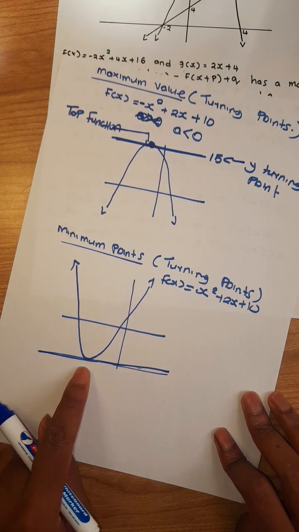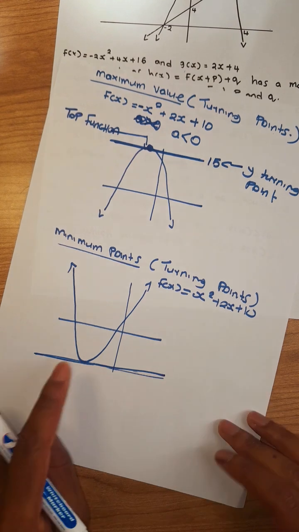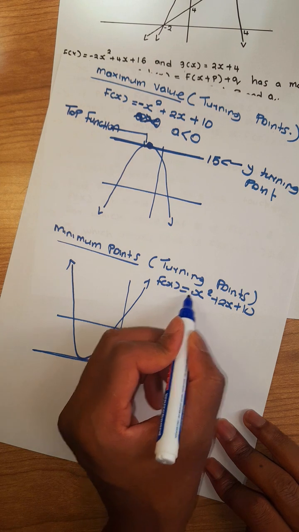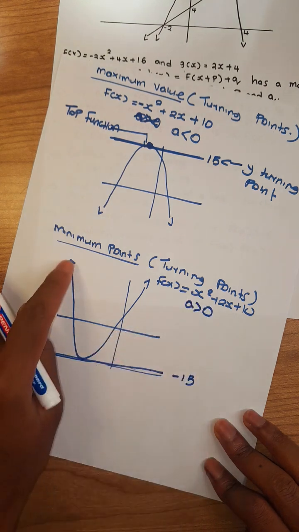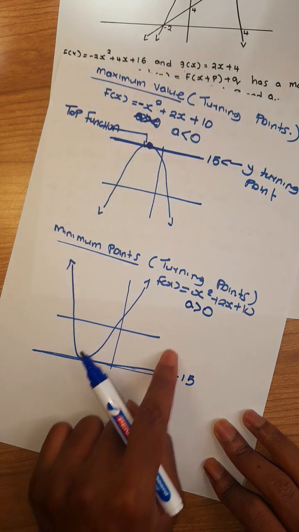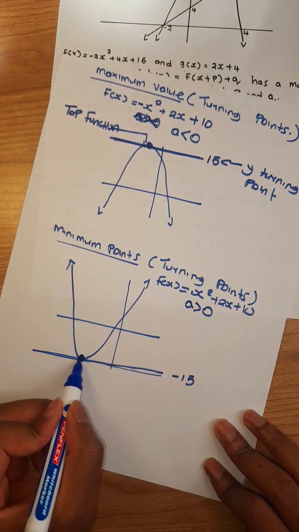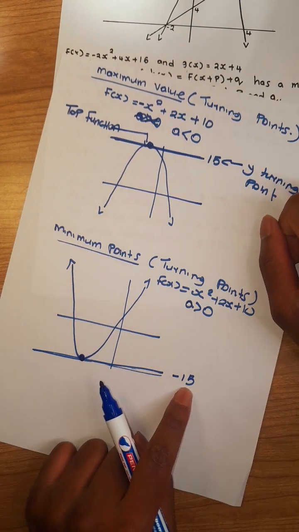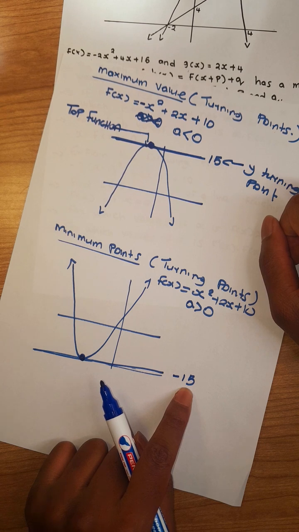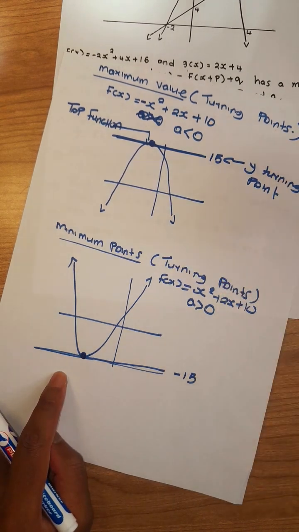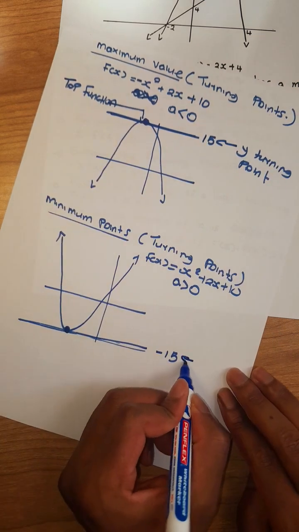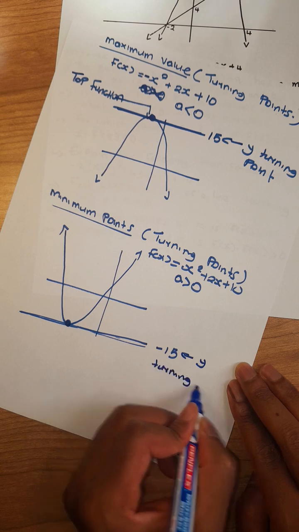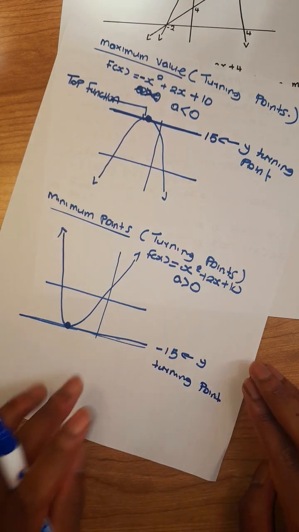Can you see? This is at maximum, this is actually at a minimum. Let's say this is going to be minus 15. So because the value of a is positive, it has to be concave up. So the minimum value is actually at the curve of this function. So it becomes minus 15 as your minimum value. So this is where these terms minimum values and maximum values are coming from. So this is again the y turning point, or the y value of the turning point.